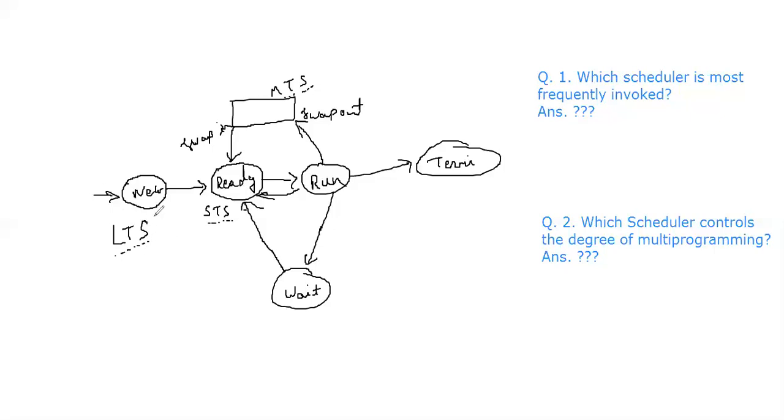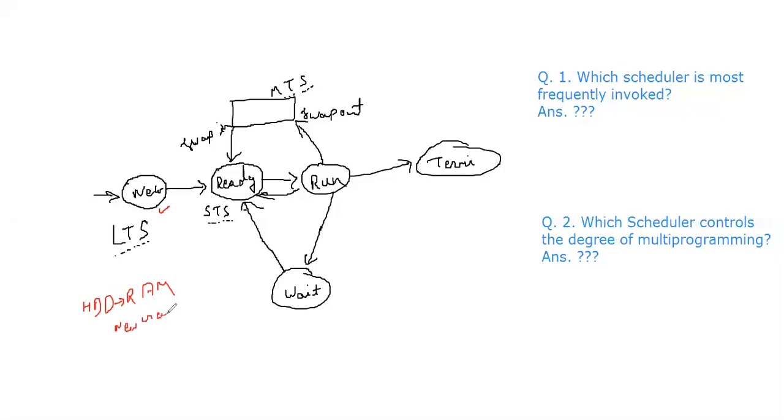Long-term scheduler works in the new state. What is one working of long-term scheduler? It selects the processes from the bunch of newly created processes which the system wants to send to the ready state, or to the RAM. So, from hard disk, you want to send a process to RAM. Which kind of process?